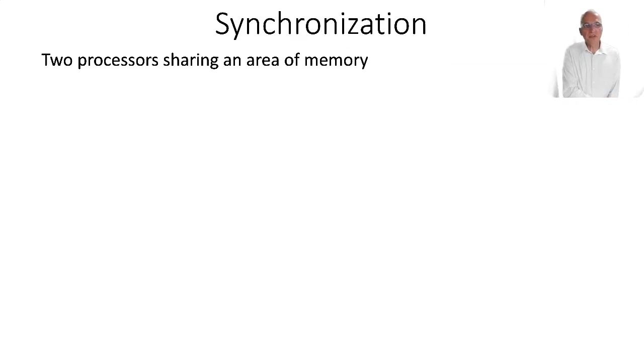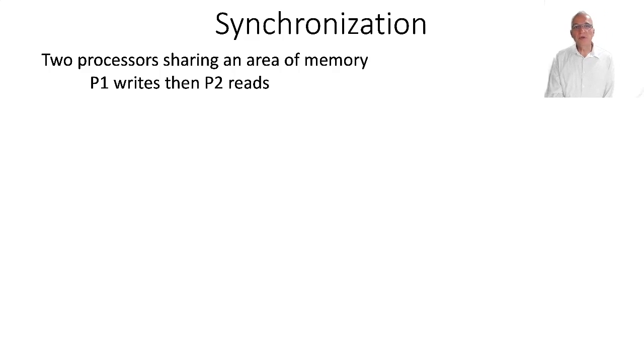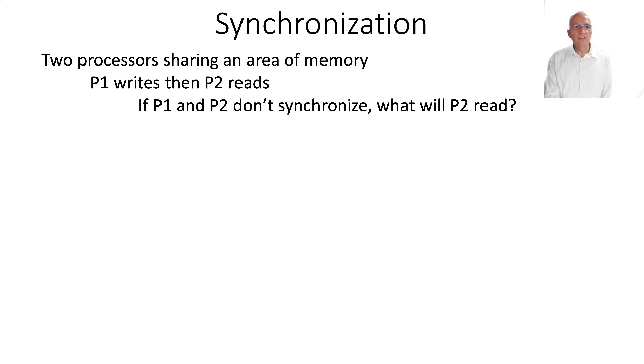So we have two processors that are sharing an area of memory. And we have the situation where P1 writes and then P2 reads. So if P1 and P2 don't synchronize, the question is, what will P2 read? In this case, P2 may read the value that was in memory before P1 wrote, or may read the value that is in memory after P1 wrote.